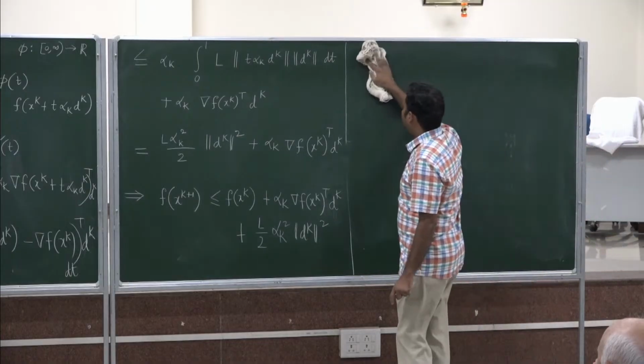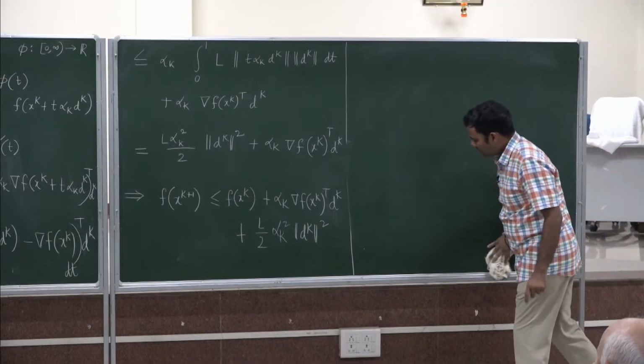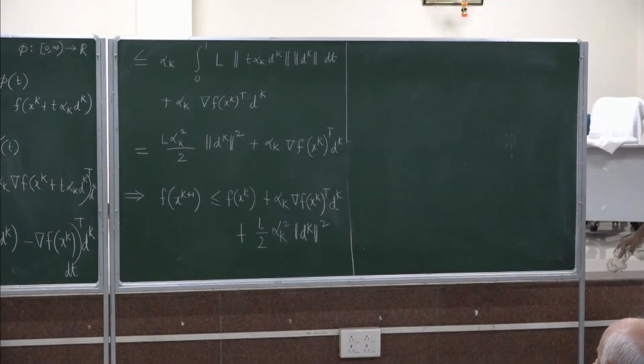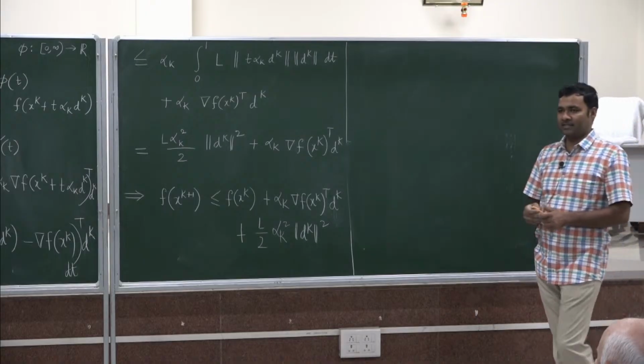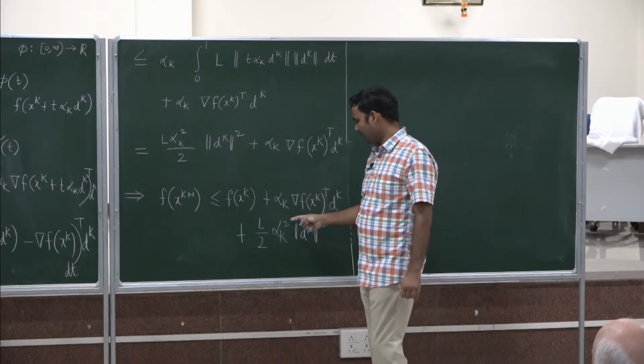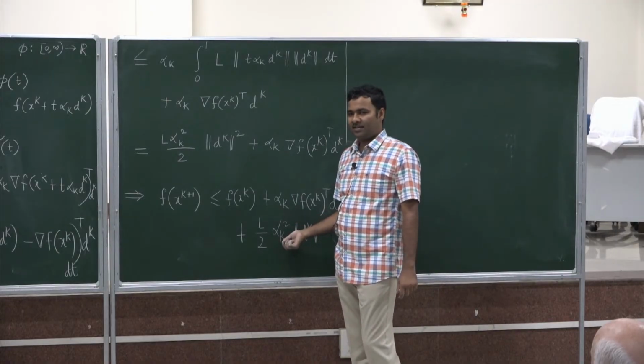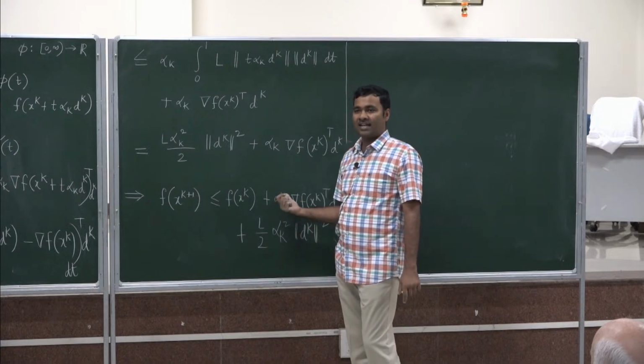Now we claim that, we notice that alpha k is a diminishing step size, alpha k decreases, alpha k tends to 0, fine, and if alpha k tends to 0, then alpha k square is smaller than alpha k.